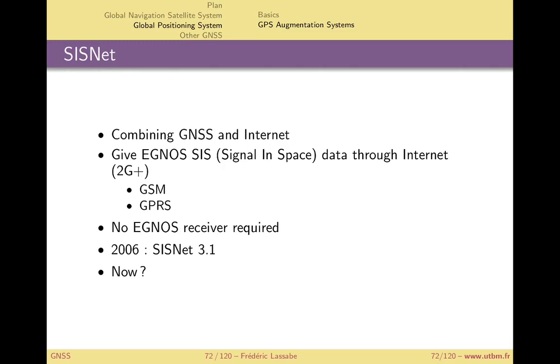Another way to improve the GPS and other GNSS is to combine GNSS and Internet to improve the time required for a cold start by downloading the almanac data of the GNSS constellation, not through the GNSS signals but through the Internet, which is far faster than the 5 bits per second of the satellites.